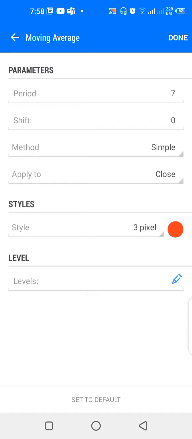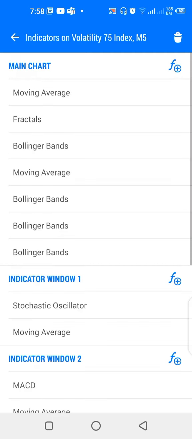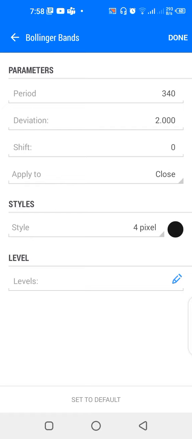Period is 7. Shift is 0. Method is simple. Apply to close. Color is red. Then we have another Bollinger Bands. Period is 340. Deviation is 2.0. Shift is 0. Apply to close. Color is black.